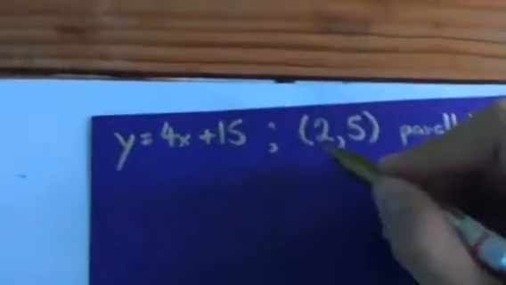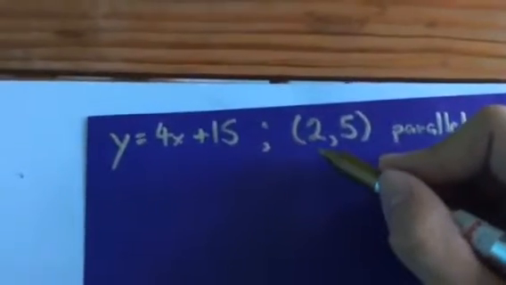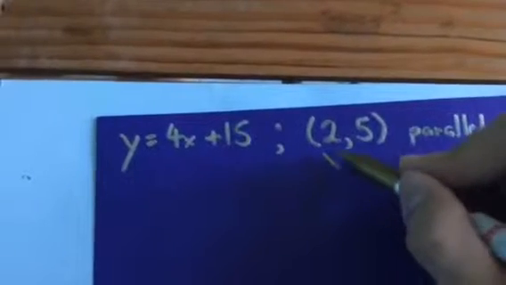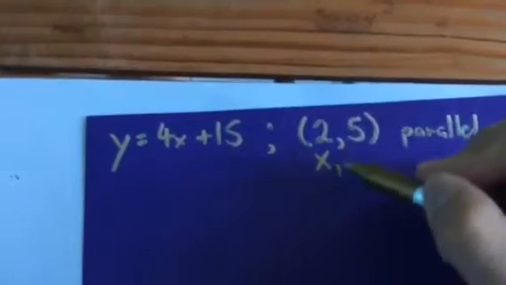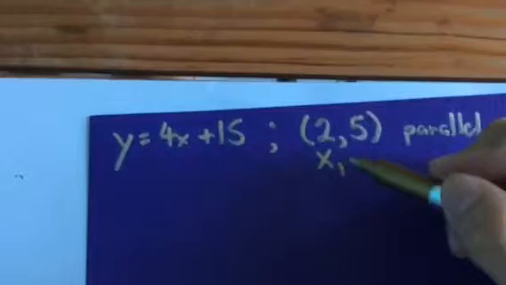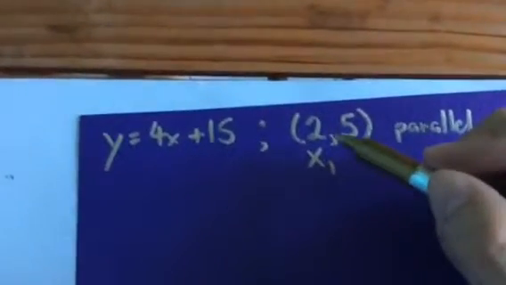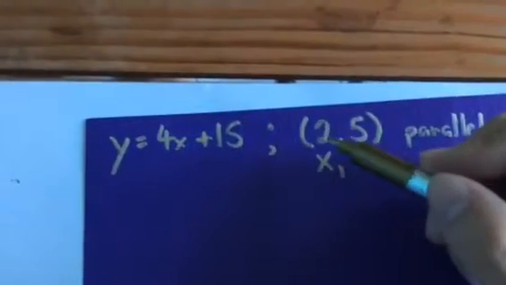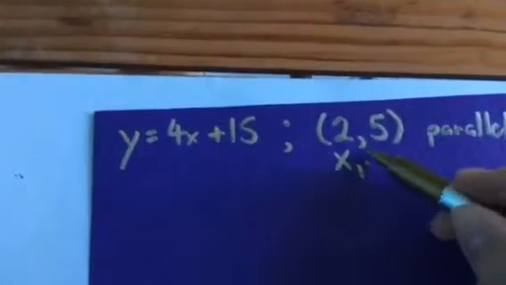Now, before we get to the actual formula, we must remember that this is x sub 1, meaning that this coordinate represents where on the x line it is, and this one is y sub 1.